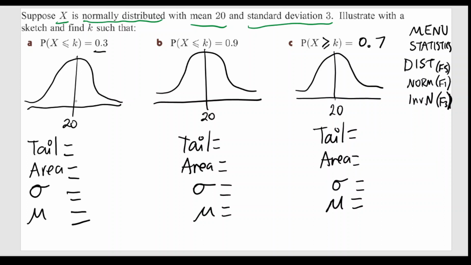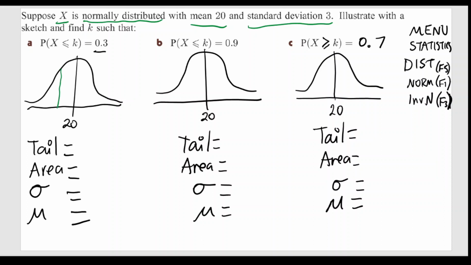So what we need to do is think about what makes up the normal distribution. We know that 50% of the data is going to be to the left of 20, so 20 or less, and we know that 50% is going to be 20 or more. So if our value x is less than k, and there's 30% of the values sitting there, we're going to have a bit of a guess.